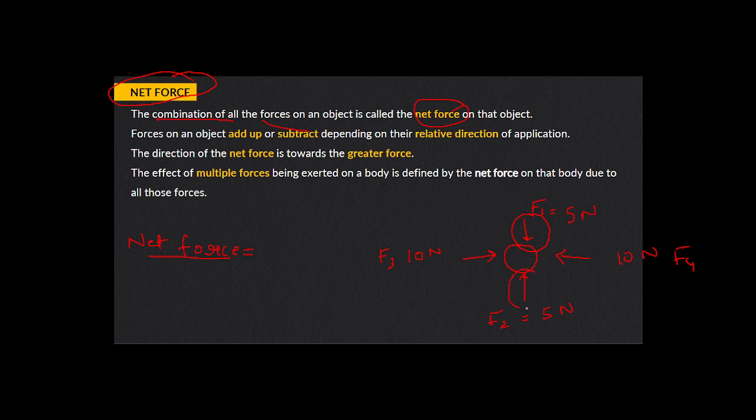So these two forces, one is going like this, 5 Newton, other one is going like this. They are the same and going in opposite direction, so they will cancel out each other. Similarly, this 10 Newton, this 10 Newton, they are in opposite direction and the same amount. You put F4, F3, F2, and F1. Like F3 is this.